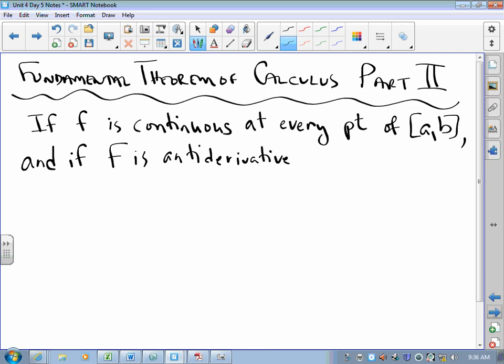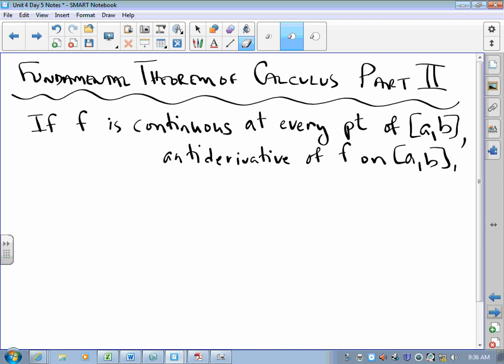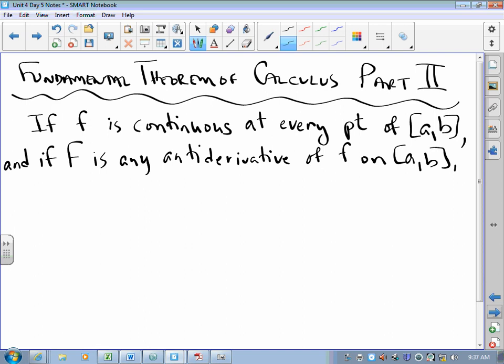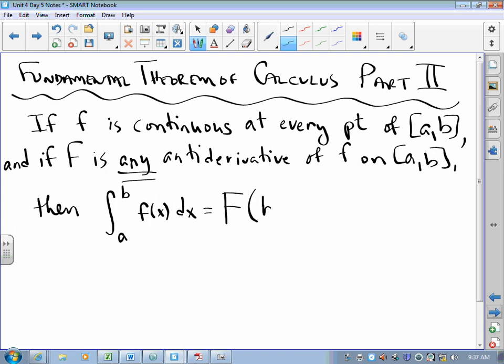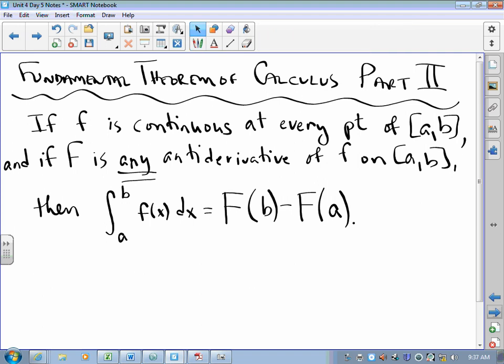And I know you're doing two things at once. If little f is continuous at every point of the closed interval [a, b], and if capital F is any antiderivative of little f on [a, b], then the integral from a to b of f of x dx is capital F evaluated at b minus capital F evaluated at a.